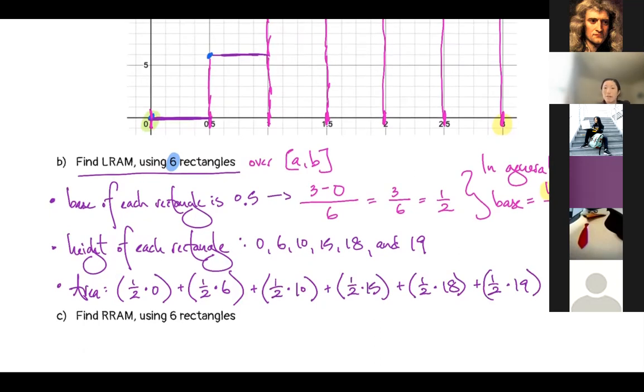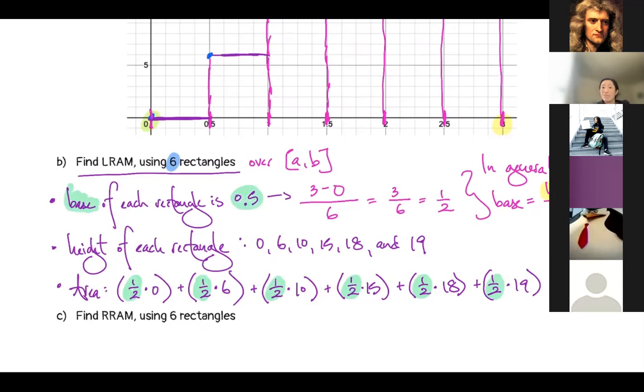Now you could sit and type this all into a calculator, that's fine and good, but let's be clever as mathematicians. What do you notice about every single term that we are adding together? In other words, what do all the terms have in common? Yeah, they all have a 1/2. They all have a 1/2 because the base of every rectangle was 1/2.